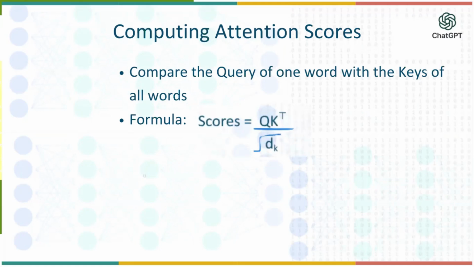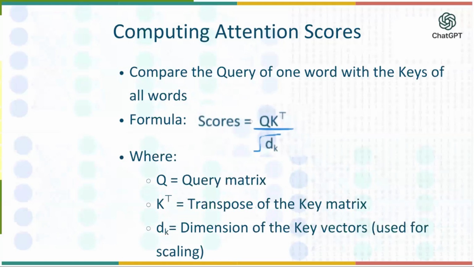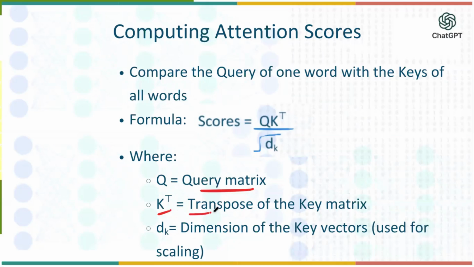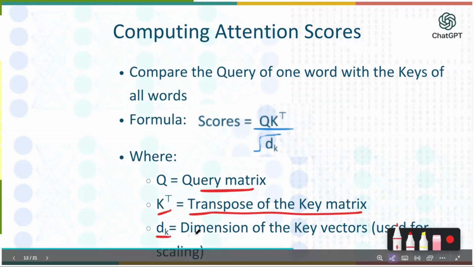Here is the formula to find the scores of the tokens: the dot product of the query matrix with the transpose of the key, divided by the square root of dk, where Q is the query matrix, K^T represents the transpose of the key matrix, and dk is the dimension of the key vectors used for scaling.